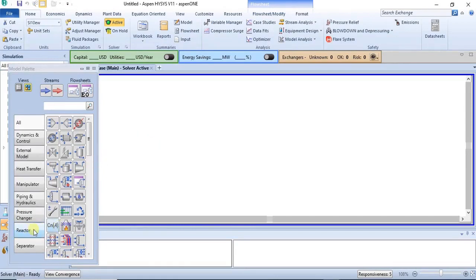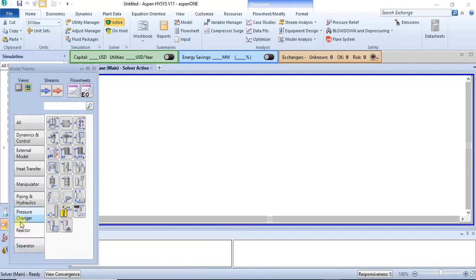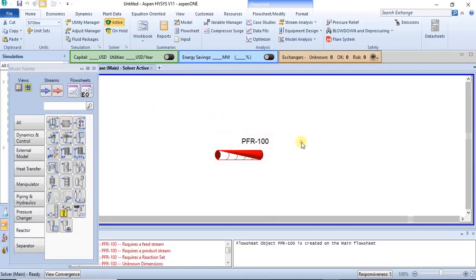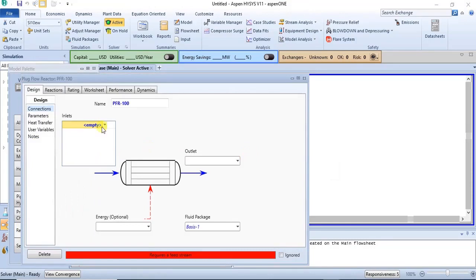So yeah, we are making use of the plug flow reactor. So we go into the reactor section of the palette. You can see my cursor, bottom left, right? So this is our plug flow. So we can create material streams in it.